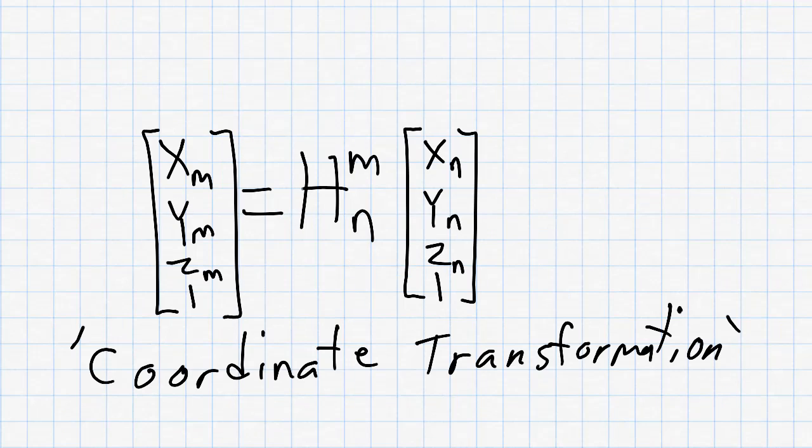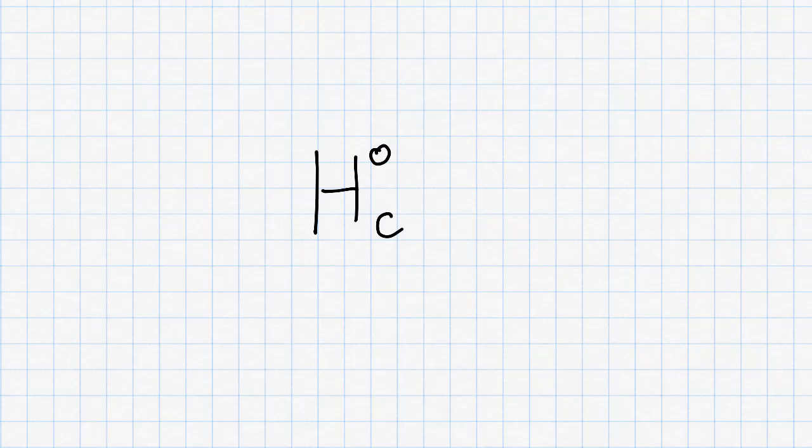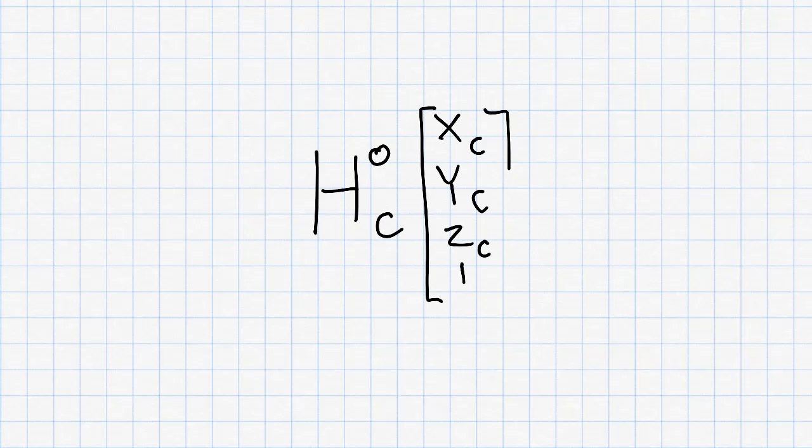This is referred to as coordinate transformation. So suppose that we could find the homogeneous transformation matrix from the 0 frame to the camera frame, H0C. Then we could multiply this matrix by the point that was found by the camera, and we'd get out the point in the manipulator base frame.